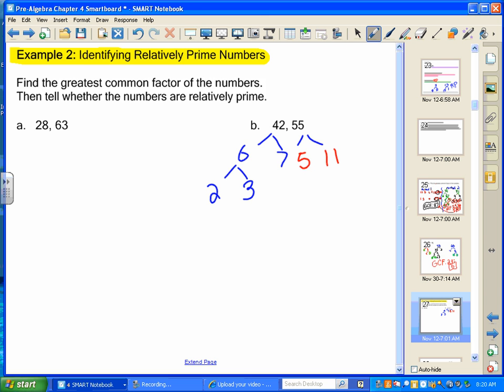Okay, so looking at both sides, the red numbers and the blue numbers, what do they have in common? Adam, what is it called? RP, relatively prime. They have nothing in common except for 1, so that means the numbers are relatively prime.